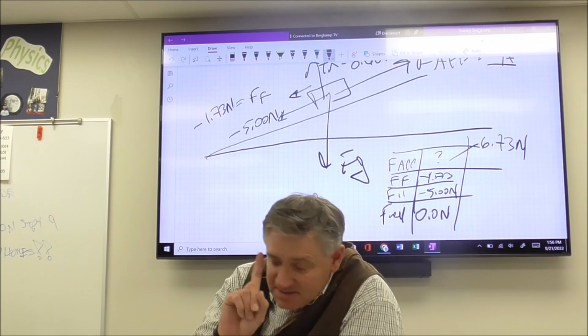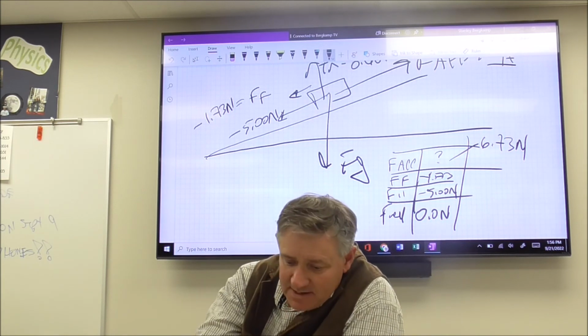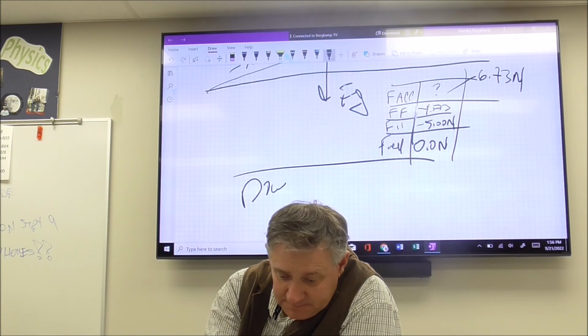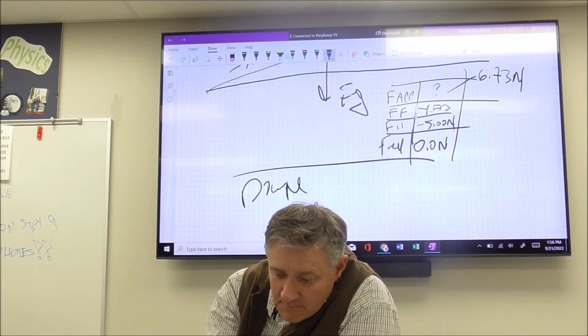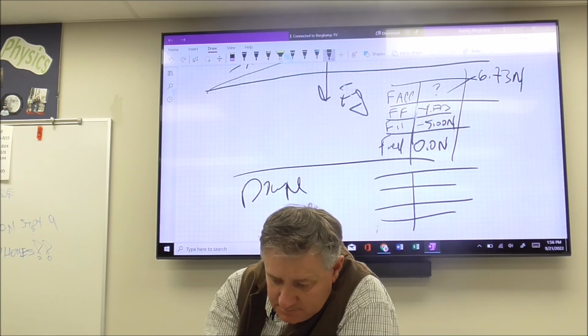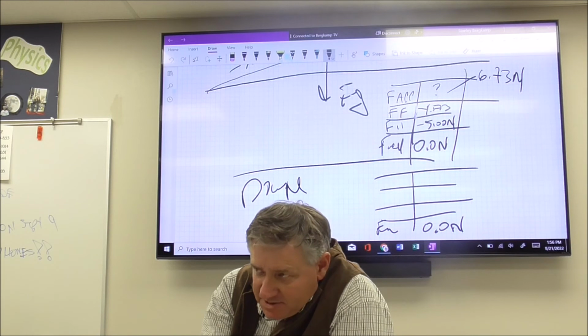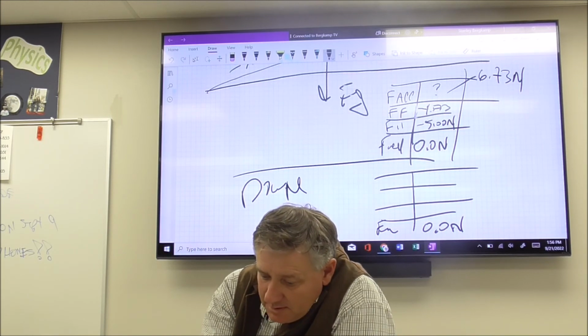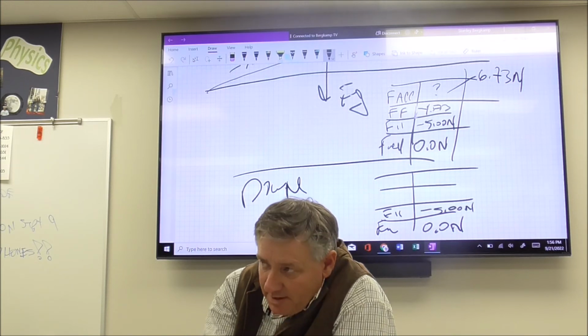So if it's going to slide down at a constant velocity with friction, what do you still want your net force to equal? 0. Net force is still going to equal 0 newtons. Am I going to change the value of my force parallel? Still a negative 5 newtons, right?